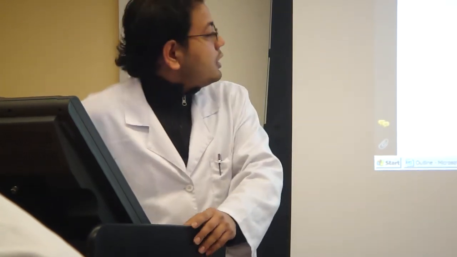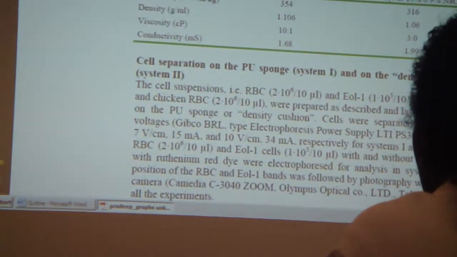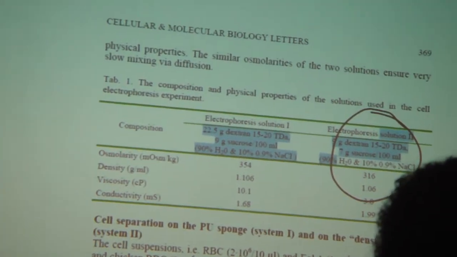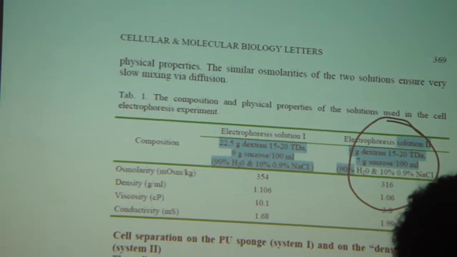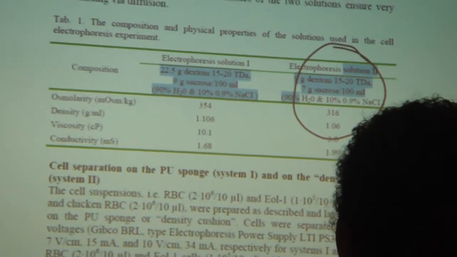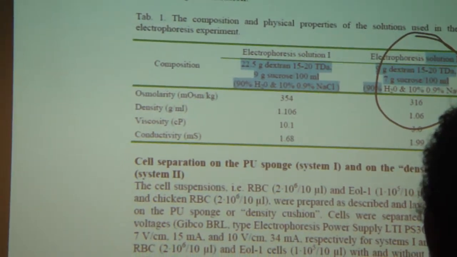Basically, I was trying to compare the two cell electrophoresis setups here. One with the use of polyurethane matrix, the short form is PU, and the other with solution 2, that's 9 gram dextran, 50-20 TDA, 7 gram sucrose in 100 ml of 90% water and 10% 0.9% NaCl.